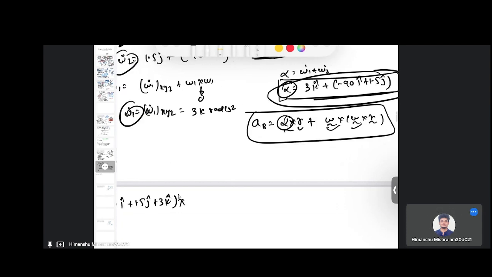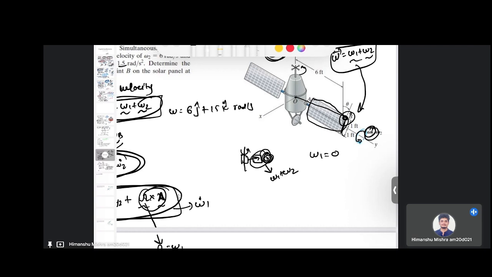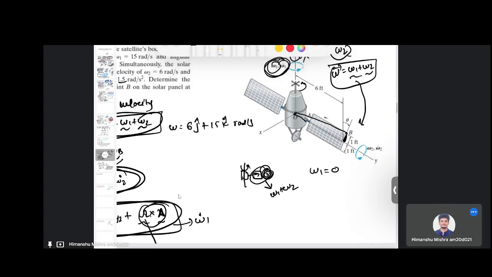ROB. So to find the position vector here, this is ROB, and you can calculate the position vector from the diagram itself. So it is 1 foot in the x-axis and 6 feet with respect to the y-axis.